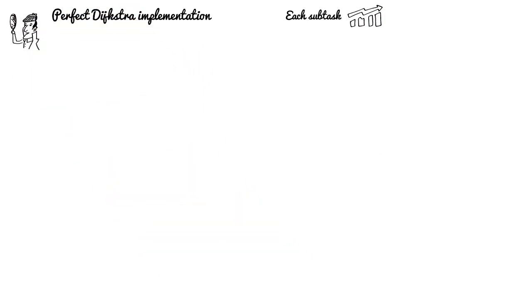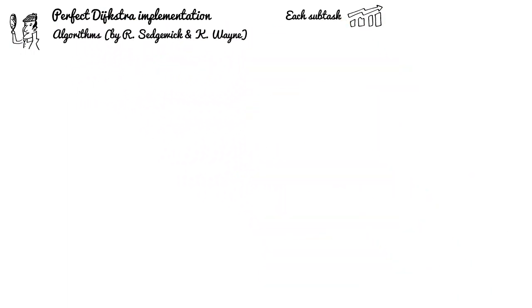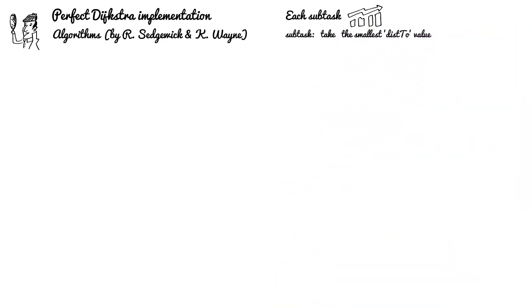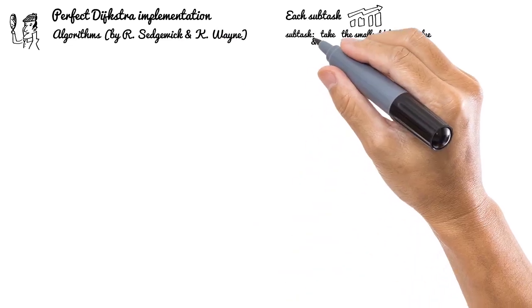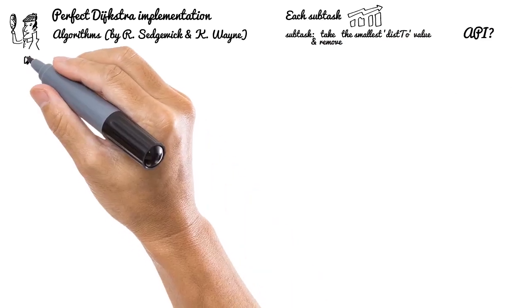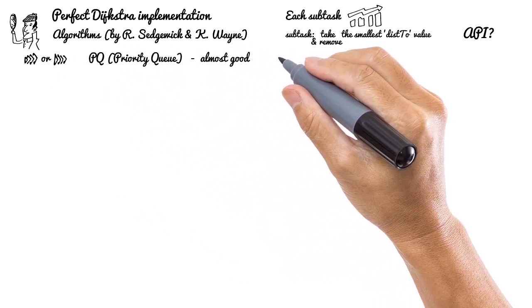When I watched the video course from Princeton University by Robert Sedgewick and Kevin Wayne, they gave an implementation idea on how to handle the subtask of having the vertex with the smallest distance-to value always handy, and how to quickly remove such a value from the list of considered vertices. Do you guess which API they suggested? It was among some ideas discussed earlier in our Why Algorithms add-on videos. If your thoughts were with PQ, priority queue, you are on the right path.